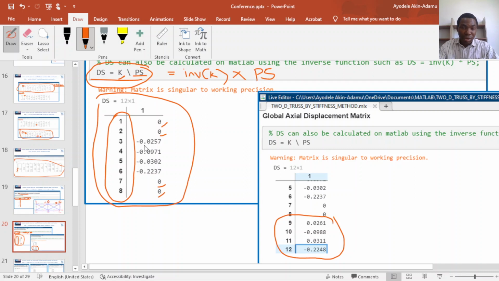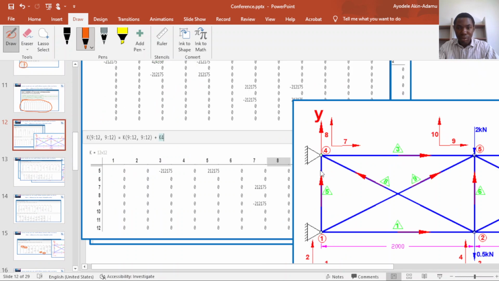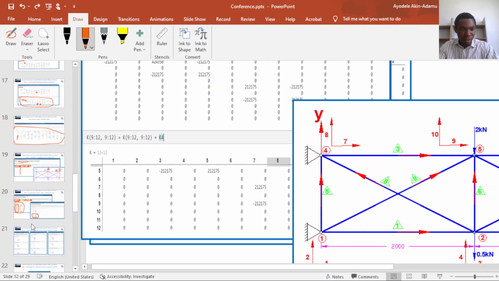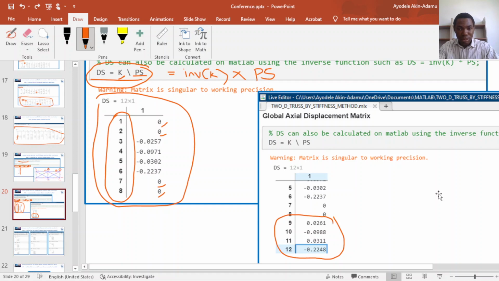Let me copy this image. Let's interpret this value, I think it is important.